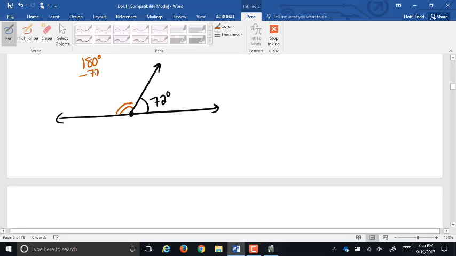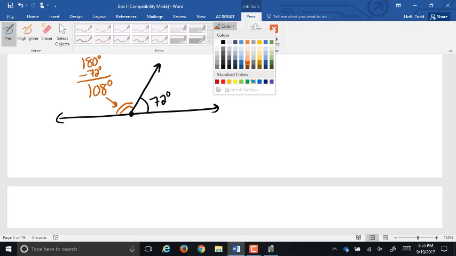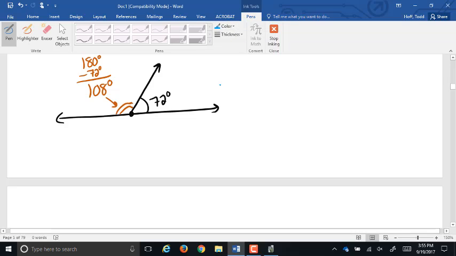Well, it'd be 180 degrees minus the 72 degrees, which is 108 degrees for that angle. Because they add up to a straight line, they must combine to be 180 degrees. That is what we call supplementary. So supplementary angles add up to 180 degrees.